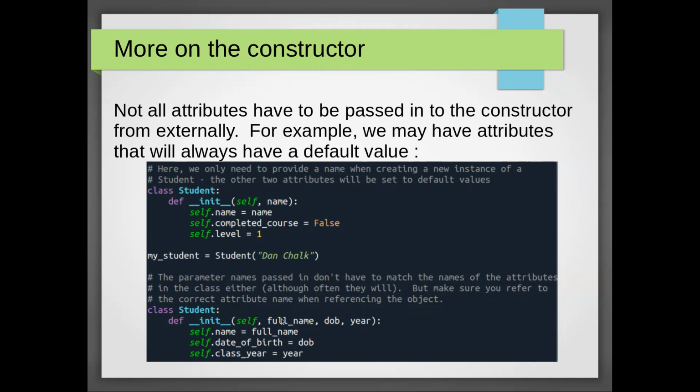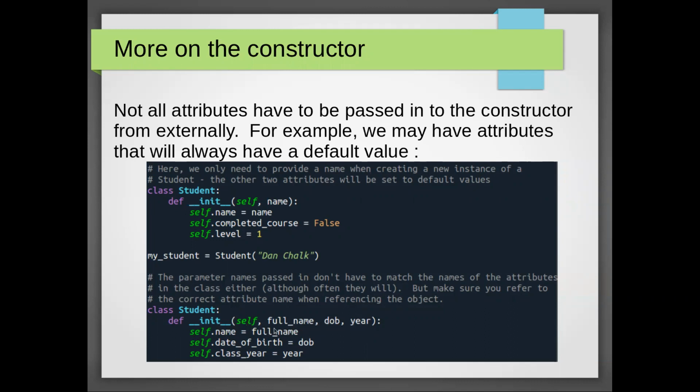So here I've got the same thing. I've set up a student, but in this constructor I'm passing in the full name, date of birth, and a year. And I've called it full name, dob, and year here. So these are the things that I need to refer to, the values that were passed in when you asked me to create a new student.